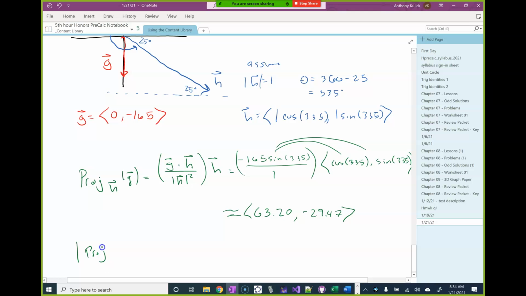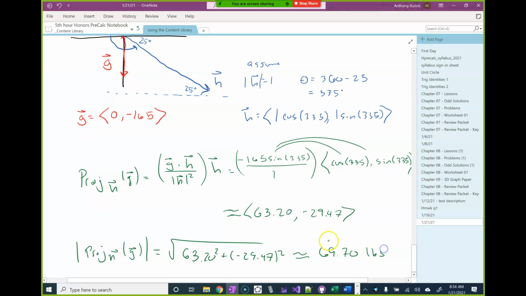And then if I find the magnitude of that vector, that's about 69.70 pounds.